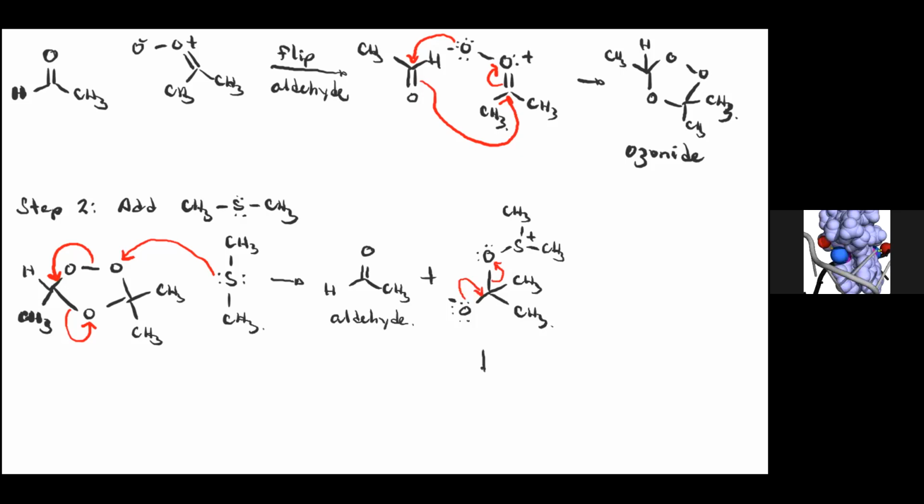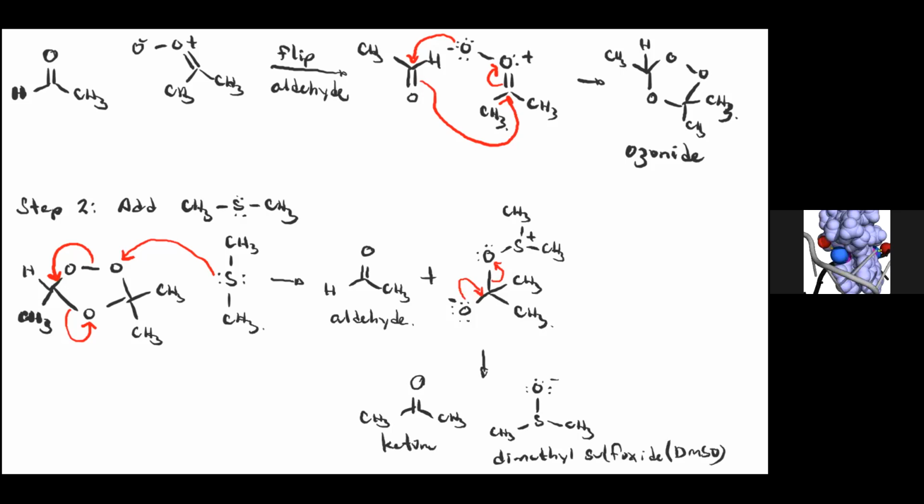And what I end up with then is my ketone. Plus, some of you may recognize this molecule. This is dimethyl sulfoxide, DMSO, okay? And then I'm done. So I've got my aldehyde, I've got my ketone. The two carbons here were the carbons that were in the alkene starting material, okay?